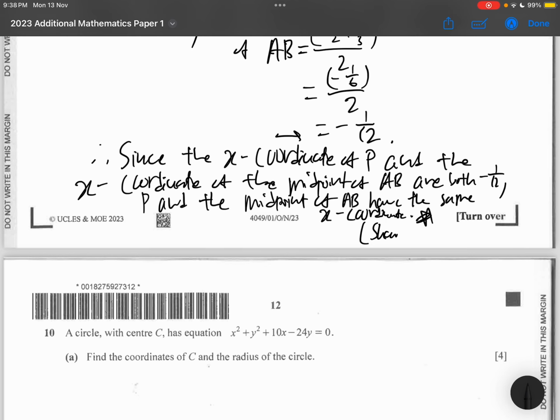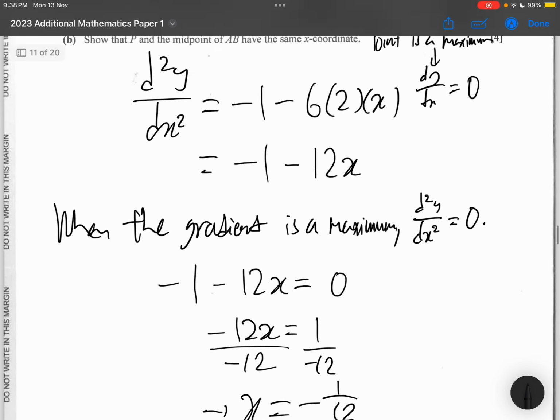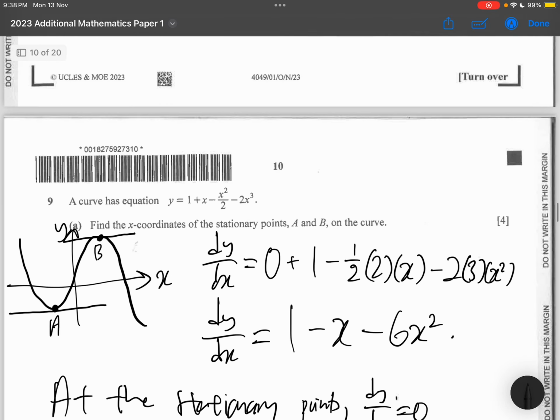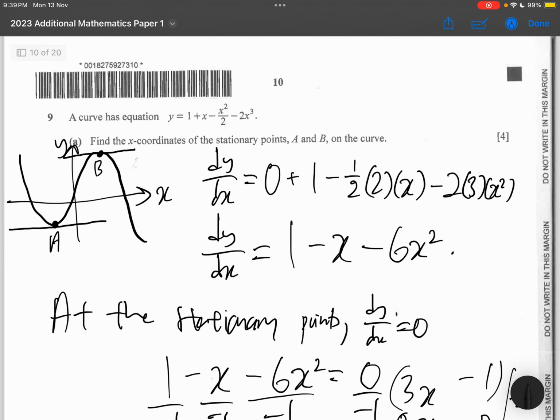And there we go. And yes, this is question number 9 of the 2023 Paper 1.